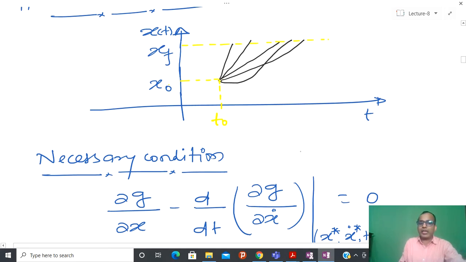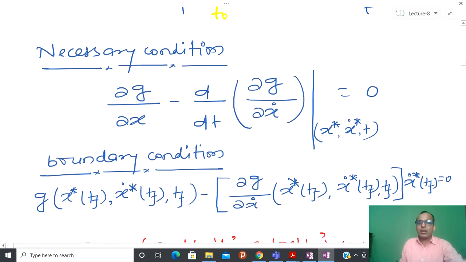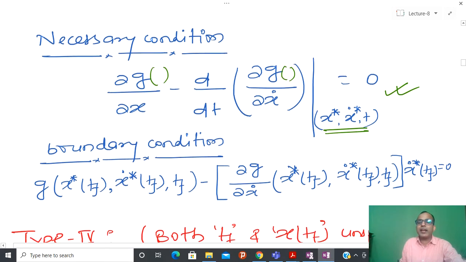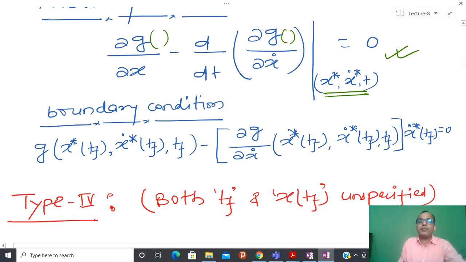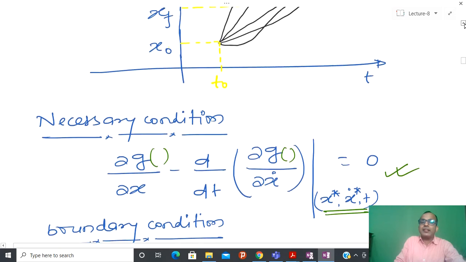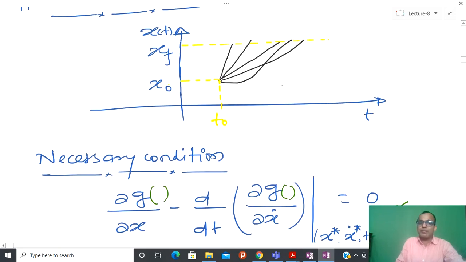So we have to consider both kinds of variation, and finally the necessary condition remains the same: the Euler-Lagrange equation will appear everywhere, again with these three arguments, and a different kind of boundary condition comes into the picture. In the previous class we observed that this kind of boundary condition comes into the picture if tf is not specified but xf is specified.